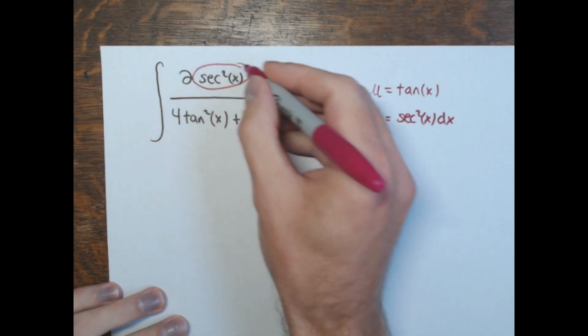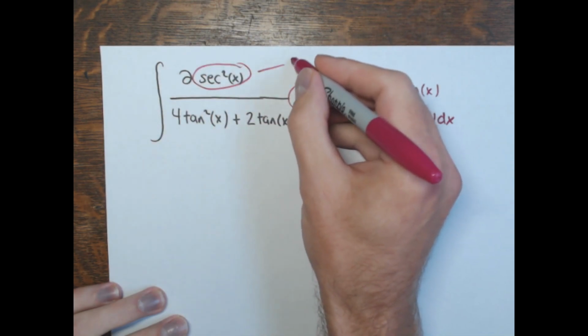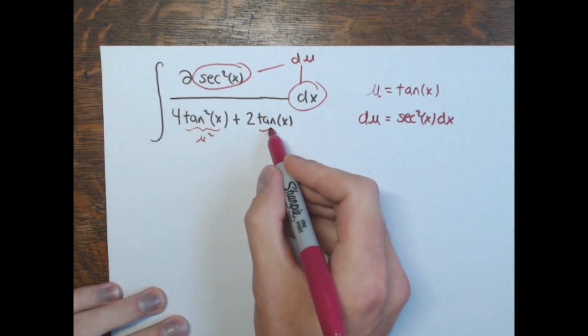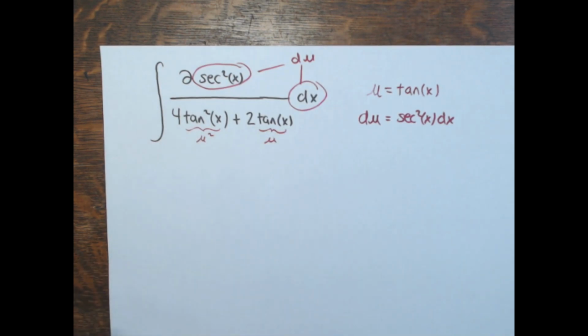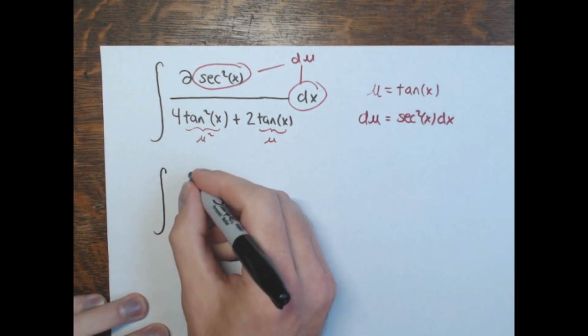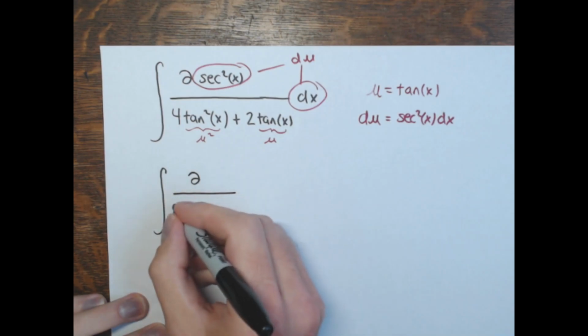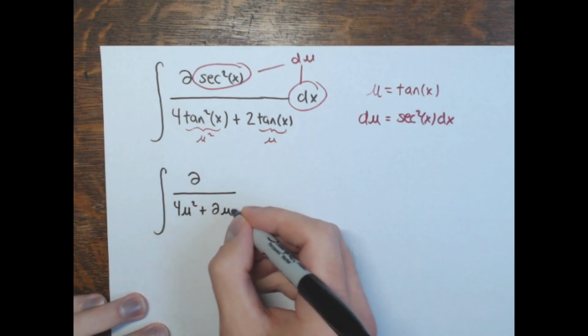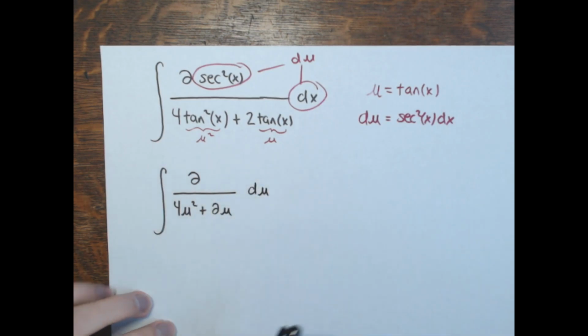And that's up here, secant squared x dx. These become du. And this becomes 4u squared. This becomes 2u. And I'm getting the following integral: the integral of 2 over 4u squared plus 2u, du.